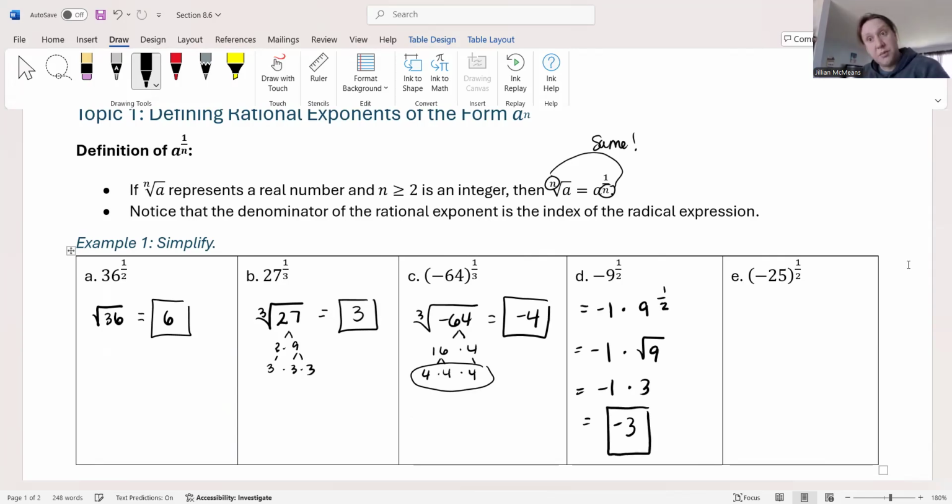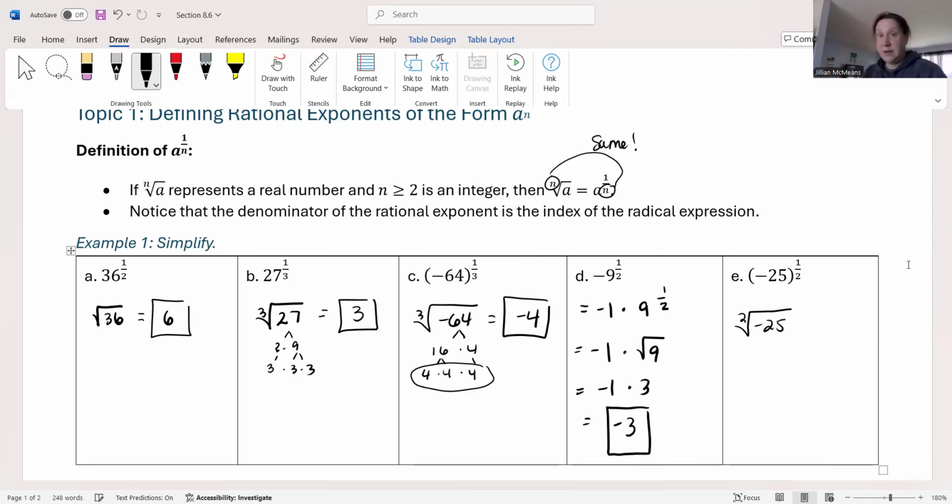In fact, let's look at part E. So in part E, we have negative 25 in parentheses, and that's raised to the 1/2 power. Since my denominator in the exponent is a 2, we need a square root. And because that negative is in parentheses with the 25, the negative is part of the radicand. So this is the square root of negative 25.